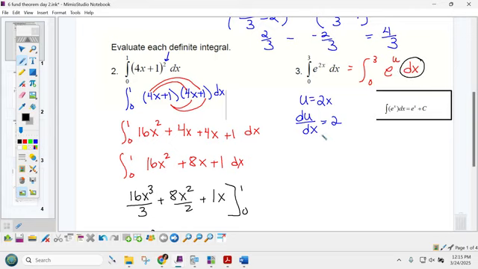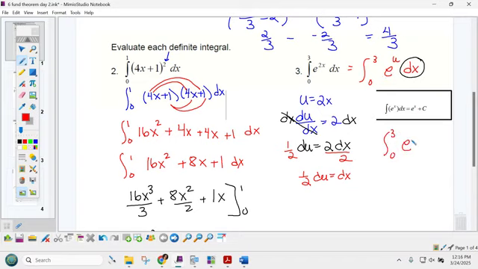I'm going to isolate dx here. So I get 1/2 du is dx. All right, so now we've got the integral from 0 to 3 of e to the u times 1/2 du.